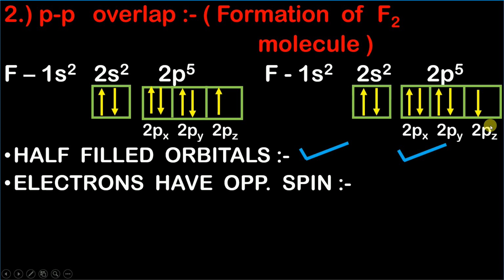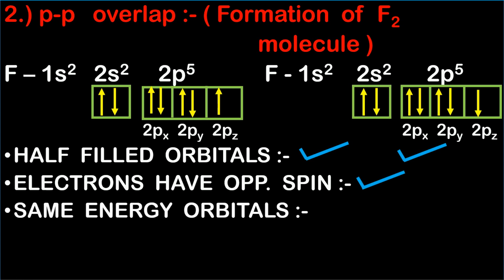So according to this, can I say that they have electrons with opposite spin? The third basic thing to check is whether they have same energy orbitals. Yes, obviously this 2pz is going to have the same energy as the 2pz in the other fluorine atom.